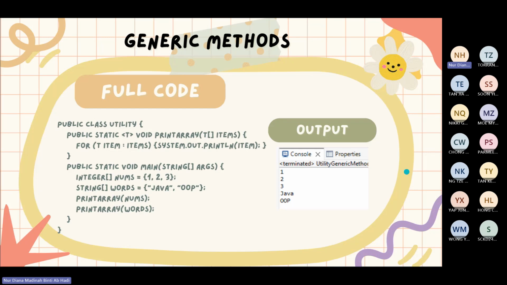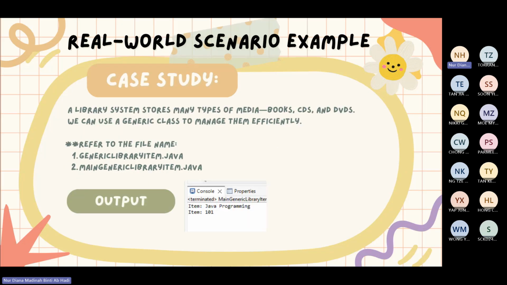So next, we go for the real world scenario. Okay, so when we talk about real world scenario, I take one system, which is your library system. So in a library, usually we will store a lot of media, right? For example, your books, CDs, DVDs, what else?